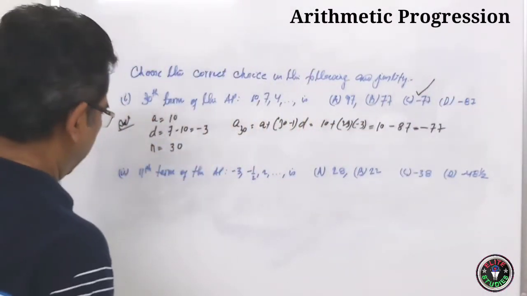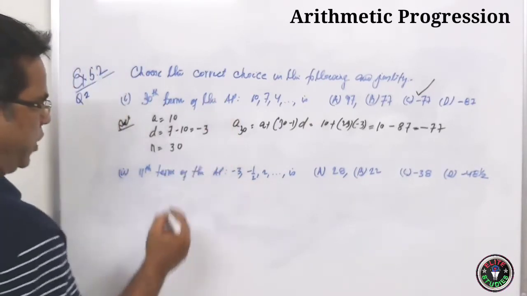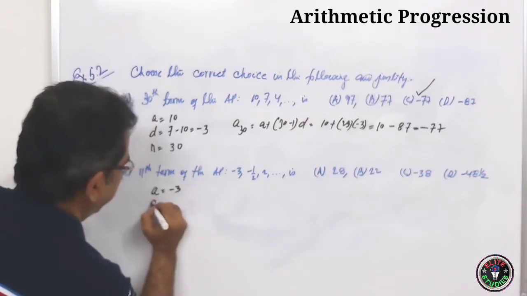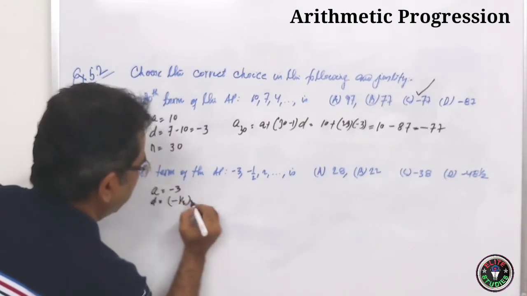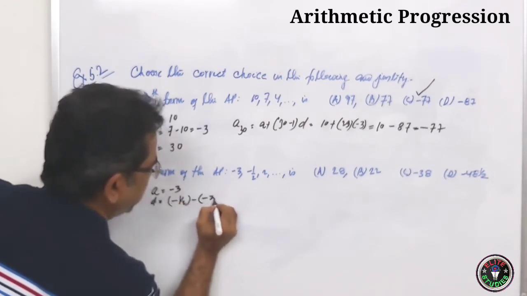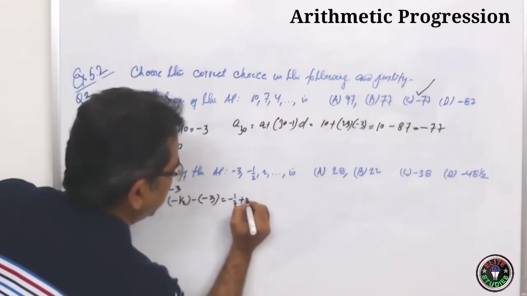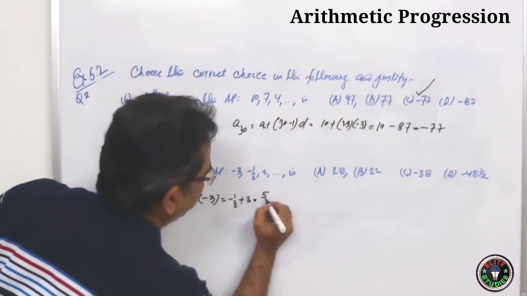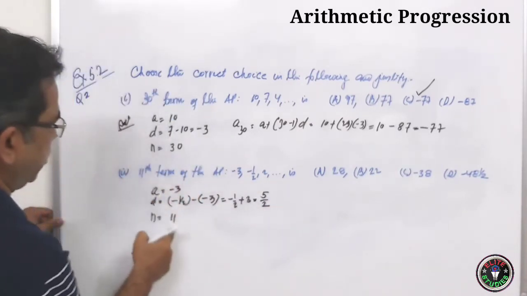Okay. Now similarly in the second question also, same as the first. Here A is equal to how much? A is equal to minus 3, and D is equal to, you see, minus half minus of minus 3. Pay attention. Okay. So it will be minus half plus 3. So it is 3 to the 6 minus 1, 5 by 2, and n is equal to 11.